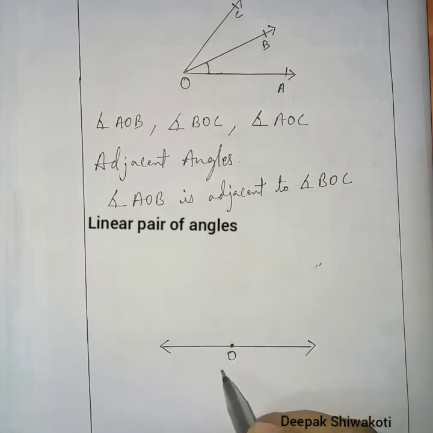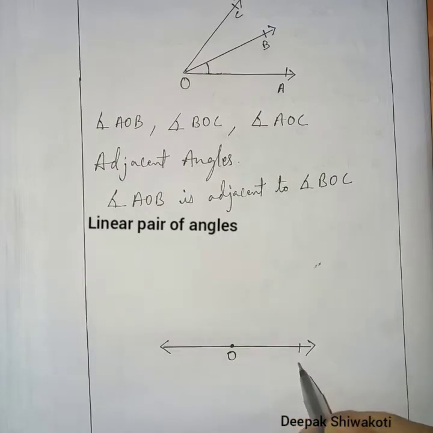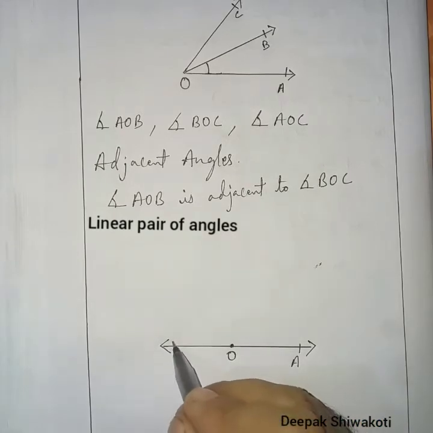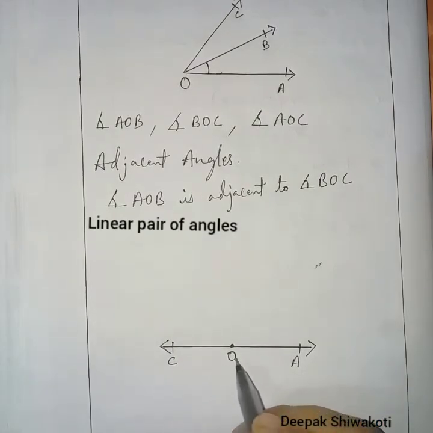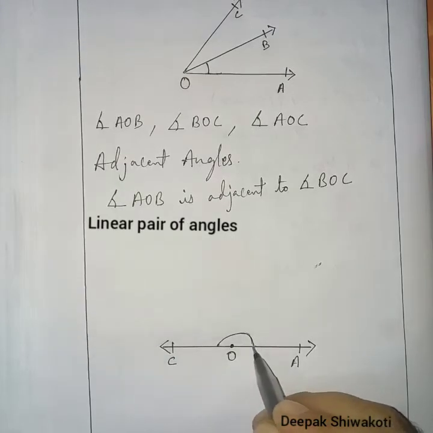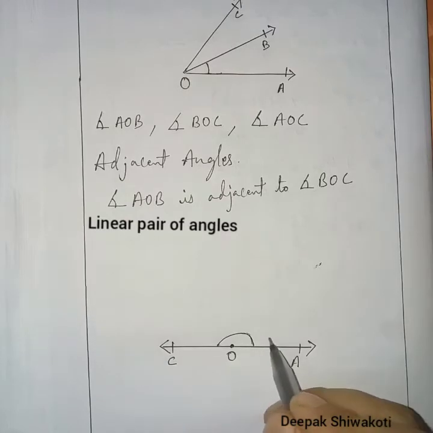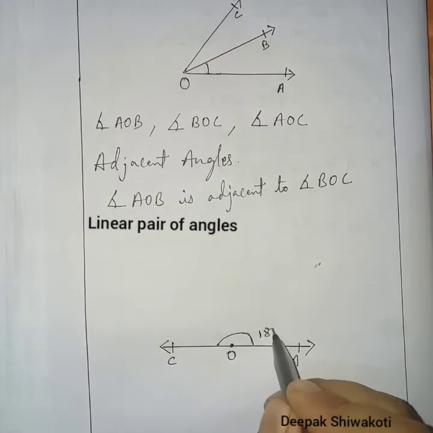This is point O, the point of origin of these two rays. So OA is one ray moving towards this direction, and OC is another ray moving towards this direction. So here the total angle is how much? It is a straight line, so the total angle here is 180 degrees, isn't it?